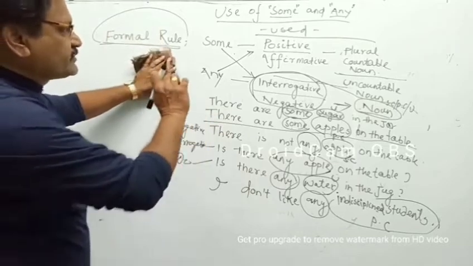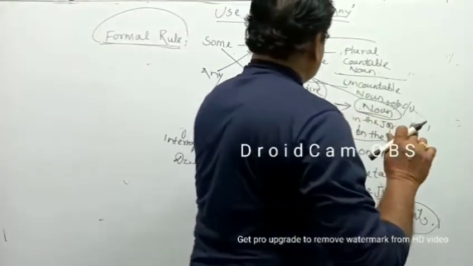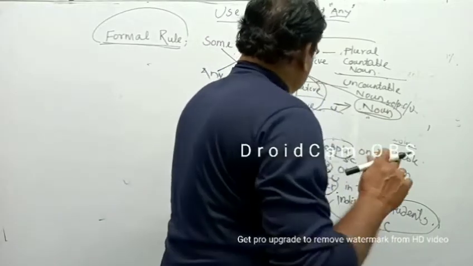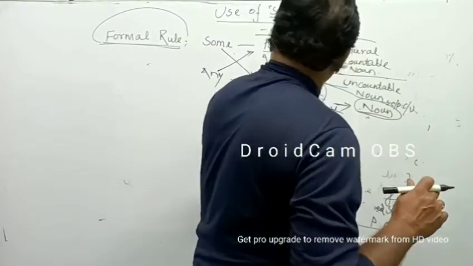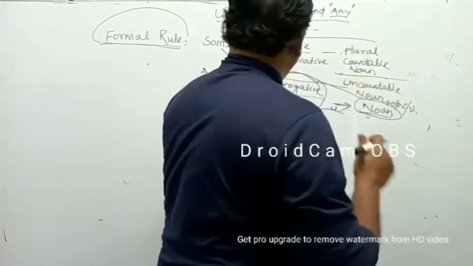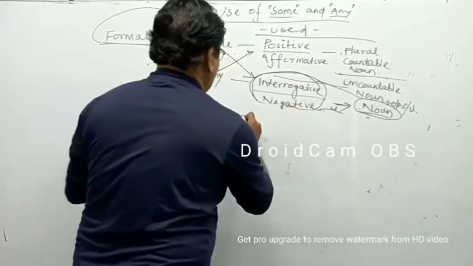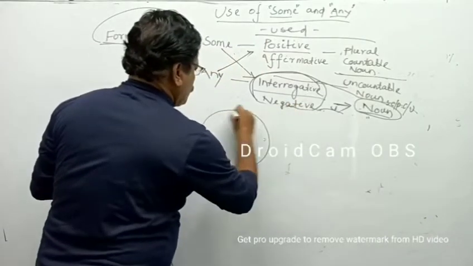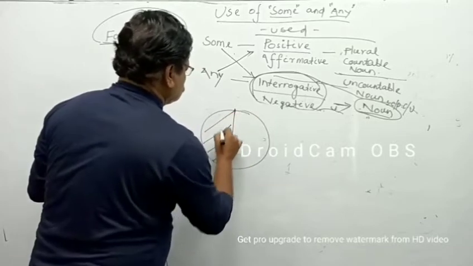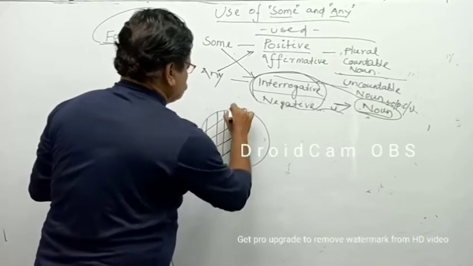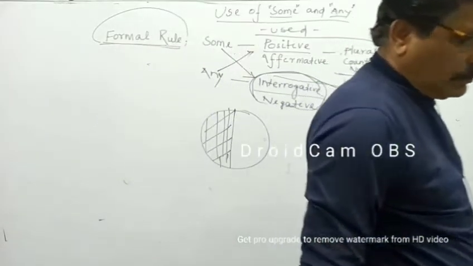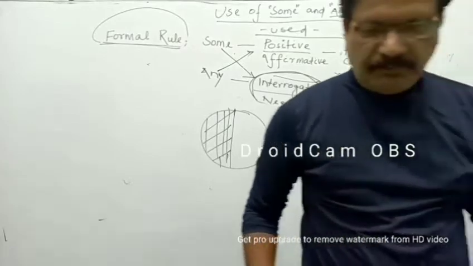Now our question is, in which context can we use "some" in interrogative and negative sentences? You see, mark the figure.